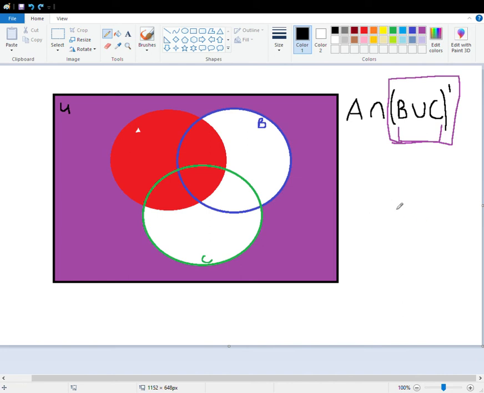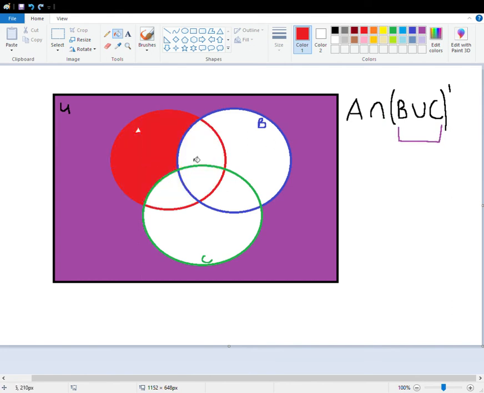So we have found A right here, and we have found B or C complement. And when we want the intersection, we want the overlap between the two. So if we look here at our subregion of A, we have this A, and underneath it we have some purple that is from B or C complement.